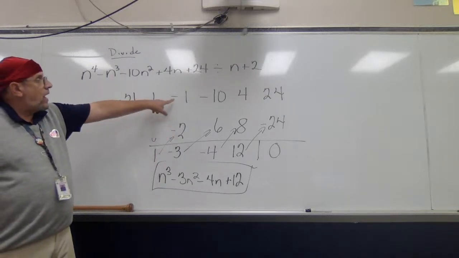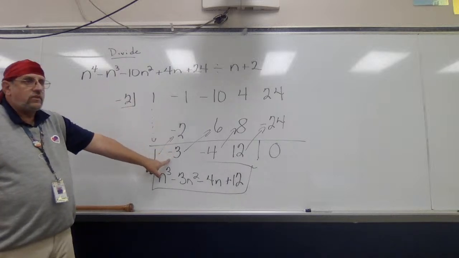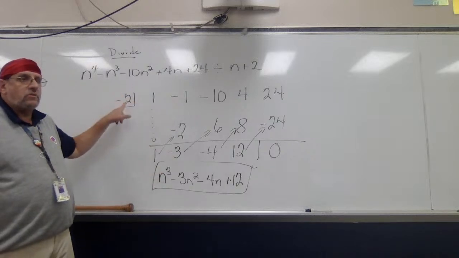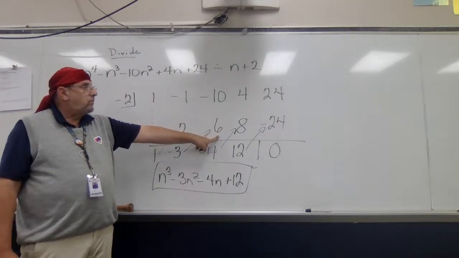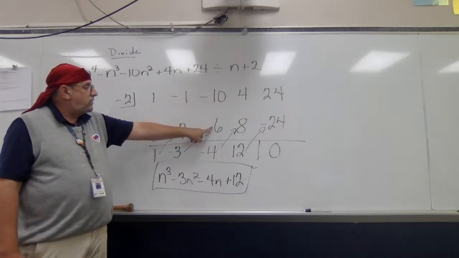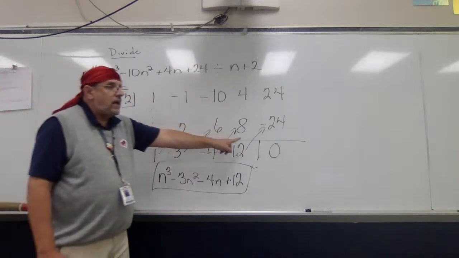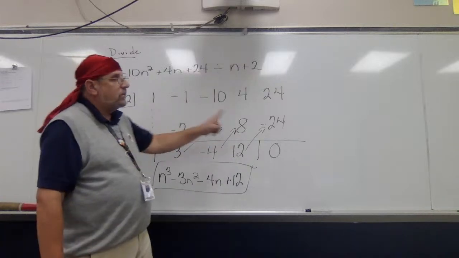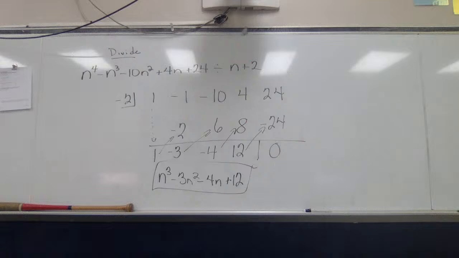Then you add: -1 plus -2 is -3. All right, I have something here with which to multiply by my divisor. -3 times -2 is 6, right? So then we add: -10 plus 6 is -4. -4 times -2 is 8. -4 plus 8 is 12. 12 times -2 is -24. Getting there?